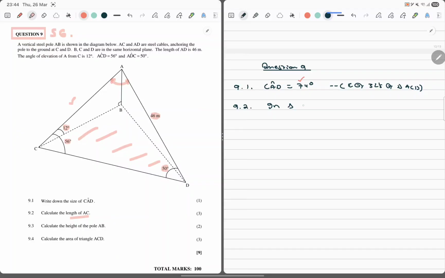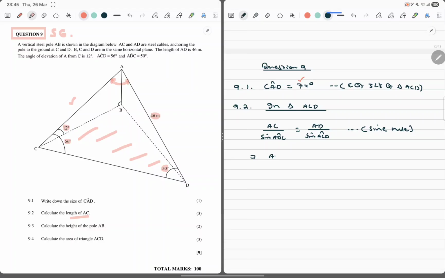In triangle ACD, AC over the sine of the angle opposite it, which is sine ADC, is equal to the side AD divided by the sine of the angle opposite it, which is ACD. This is because of the sine rule of triangles.